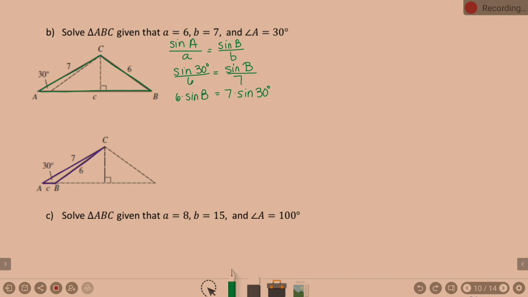I'm going to bring mine up over here beside it so I could go a little bit lower. What do we know then? If we solve for B, we're going to have sine of B is 7 sine 30 degrees divided by 6.